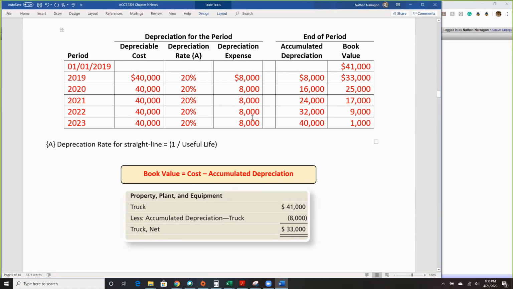Under the table, you can do the little trick I just showed. But either way, I took book value minus 8,000, it comes to 33,000. I take the book value, original, so basically the cost, minus 16, we came out to 25, so forth and so on. Again, each year, accumulated depreciation and our book value should add back up to the cost.